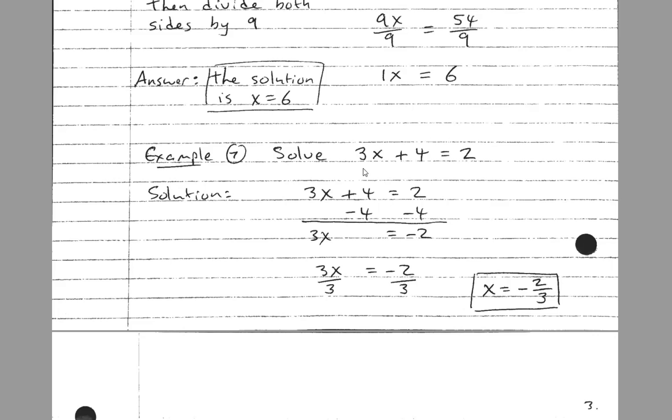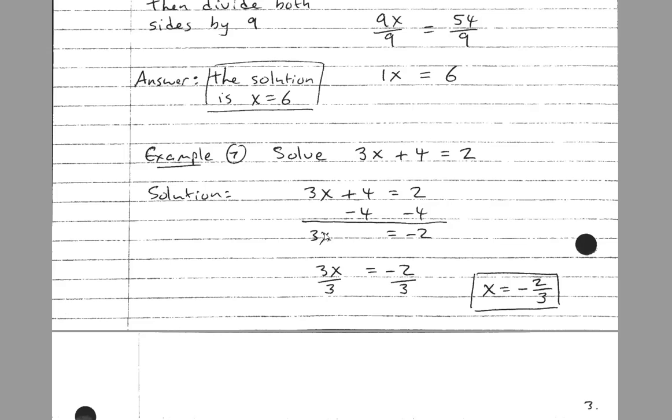And the mistakes to avoid here, I mean, subtracting 2 from both sides is not a good first step. Also dividing both sides by 3 is not a good first step. Really the only good first step here is subtract 4 from both sides.